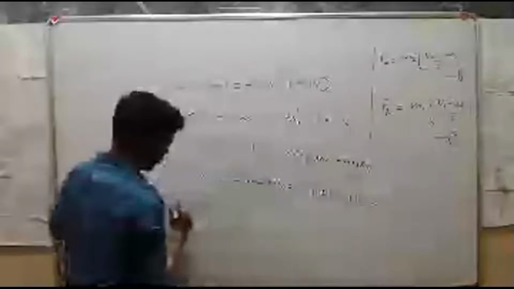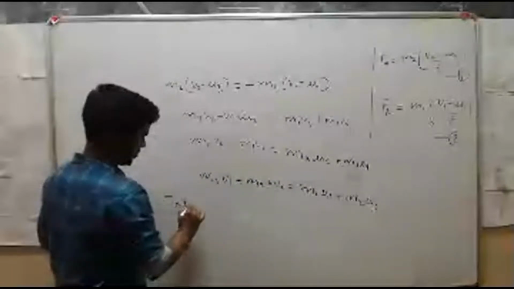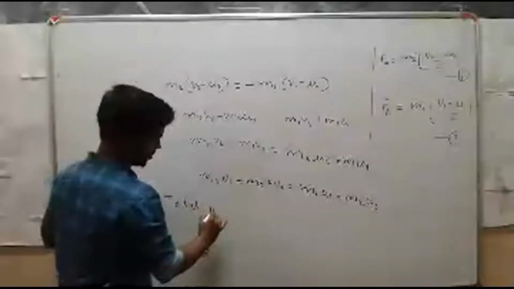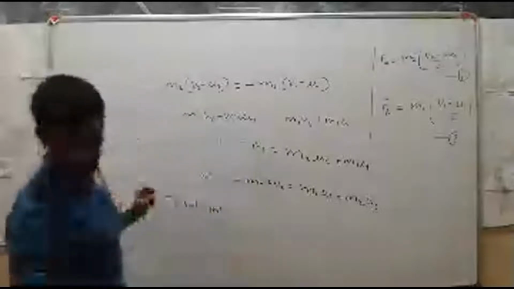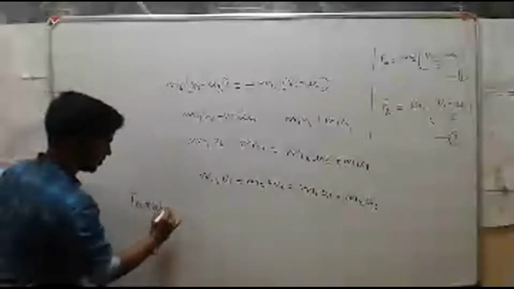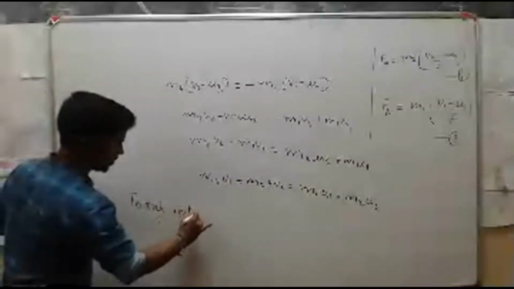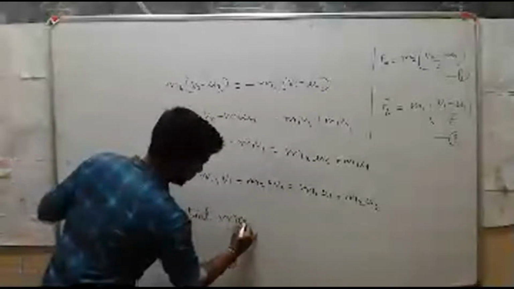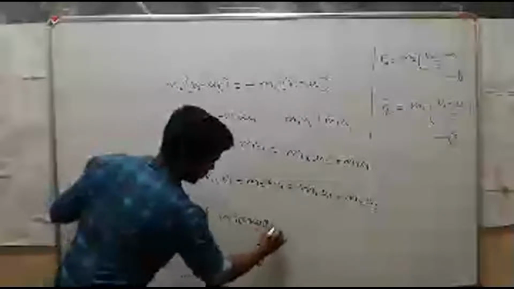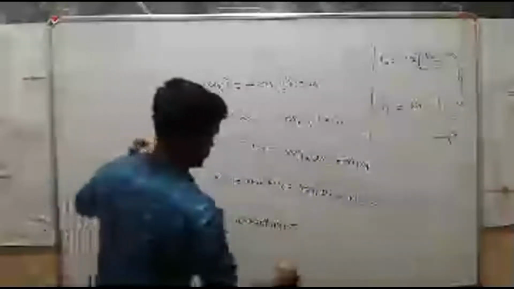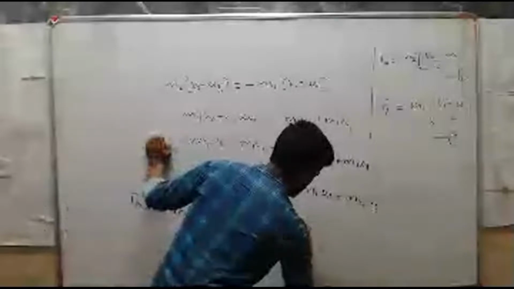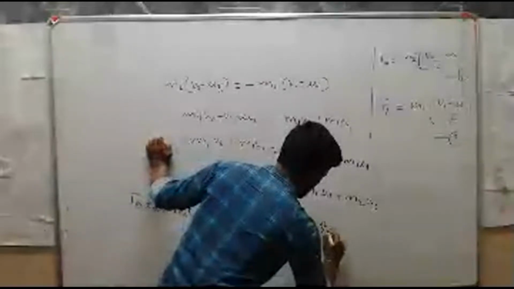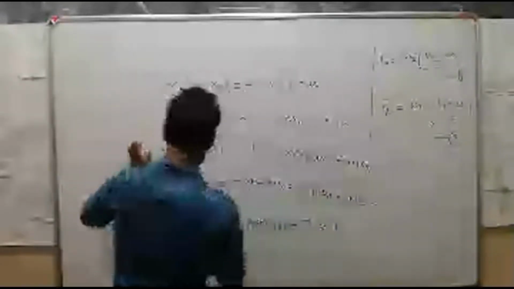That is, total initial momentum is equal to total final momentum, right?